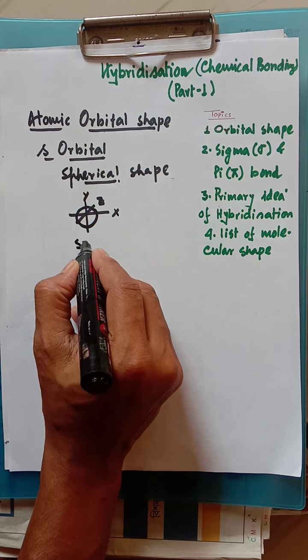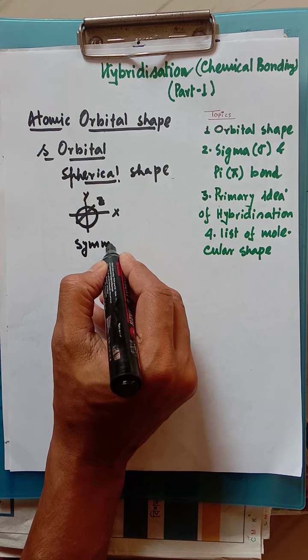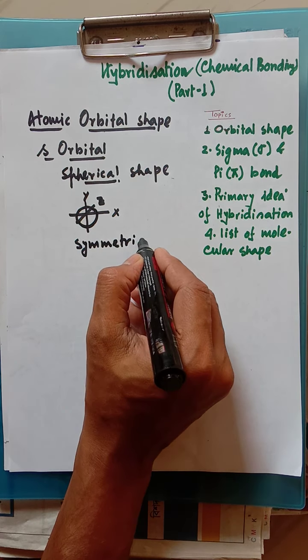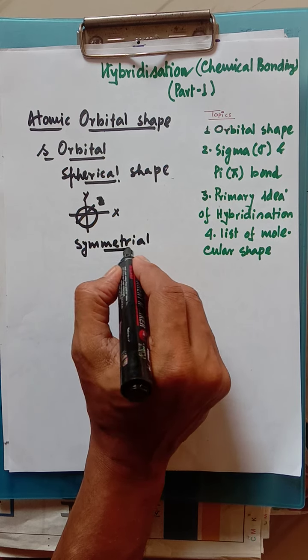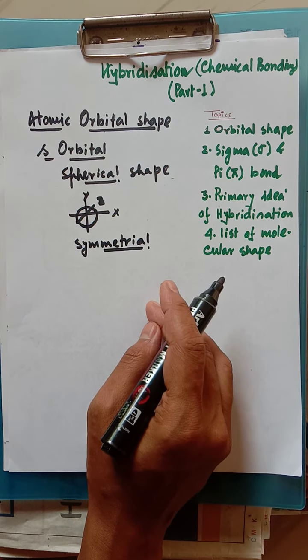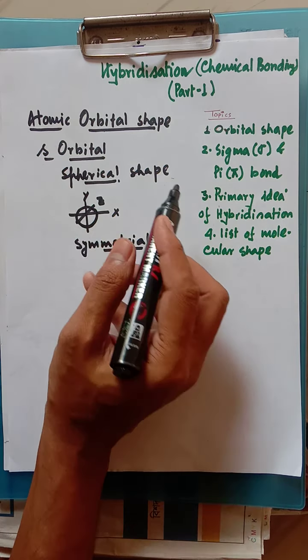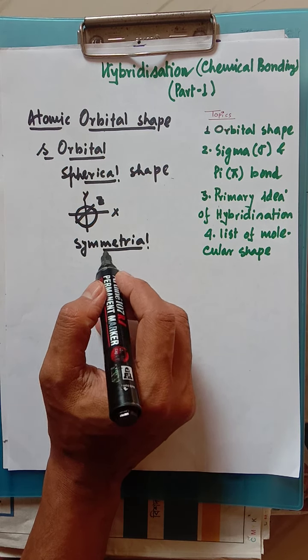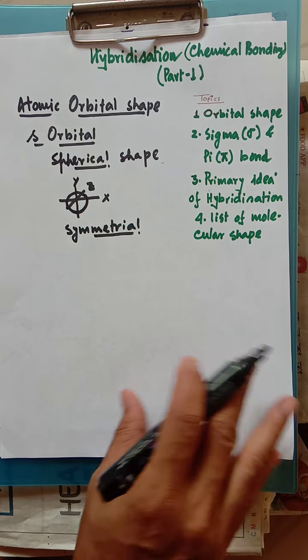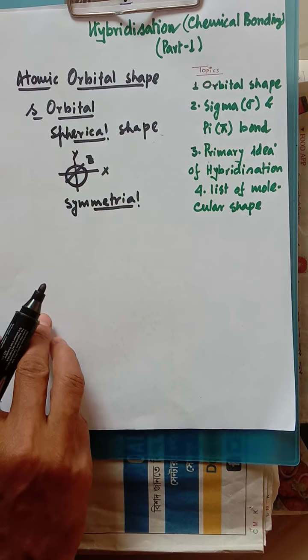So we can say it is a symmetrical orbital. It is spherical in nature and symmetrical along three axes. This is called the s orbital.